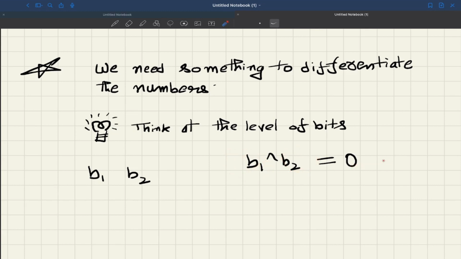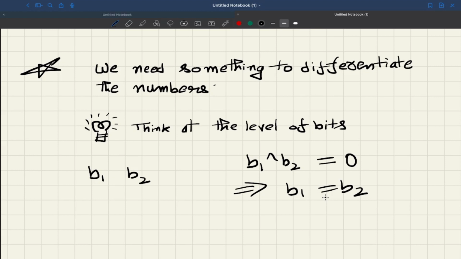So what are the possible values of B1 and B2? How can I get 0? What type of numbers will yield me 0? This is a single bit, alright, B1 is a single bit and B2 is a single bit, okay. If on XORing 2 bits I am getting 0, then definitely B1 and B2 are equal, because we know that we only get 0 when the bits are the same. So from this I can say that B1 is equal to B2.